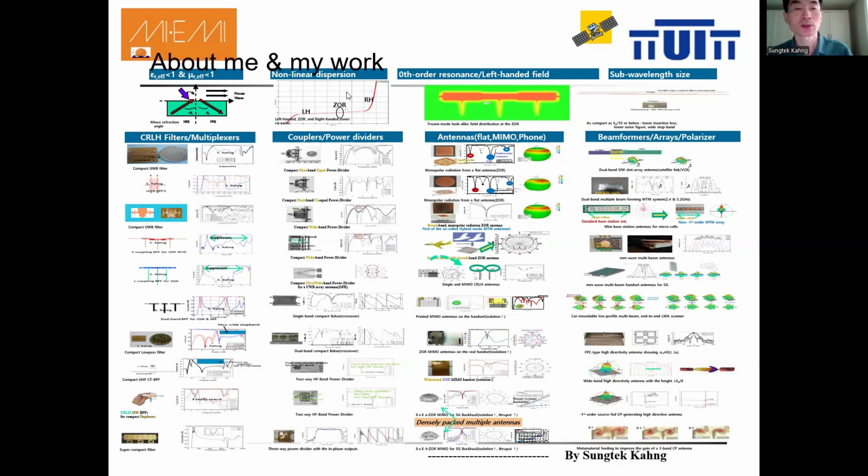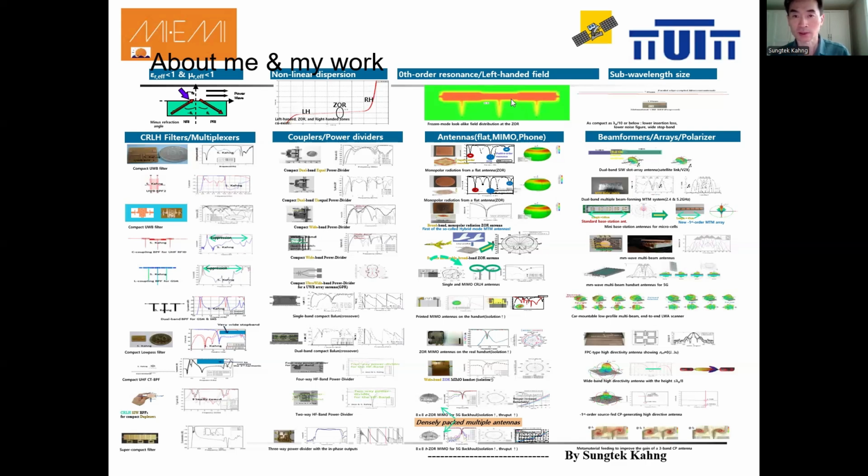The dispersion curve tells us where the left-handed region and right-handed region occur from the step of design. After this design, simulating that structure in a well-known high precision electromagnetic simulator, we can see the field distribution which shows us zeroth order resonance.